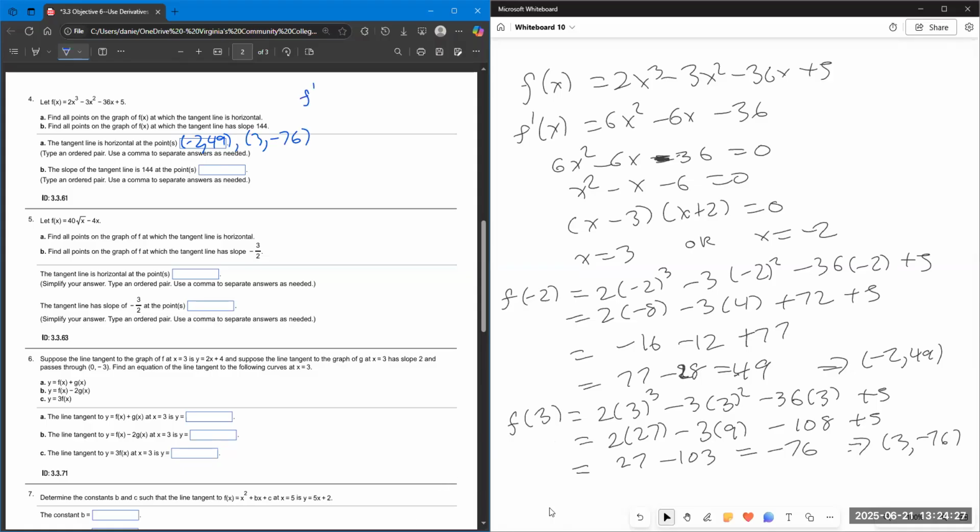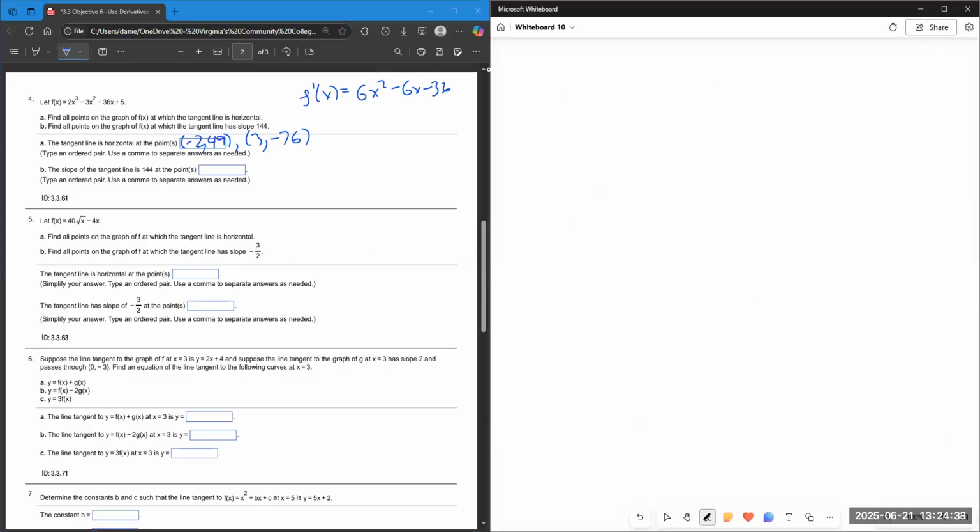Let's save that f prime of x is equal to 6x squared minus 6x minus 36, and clear the canvas. f prime of x is equal to 6x squared minus 6x minus 36, and I want to find where it equals 144.